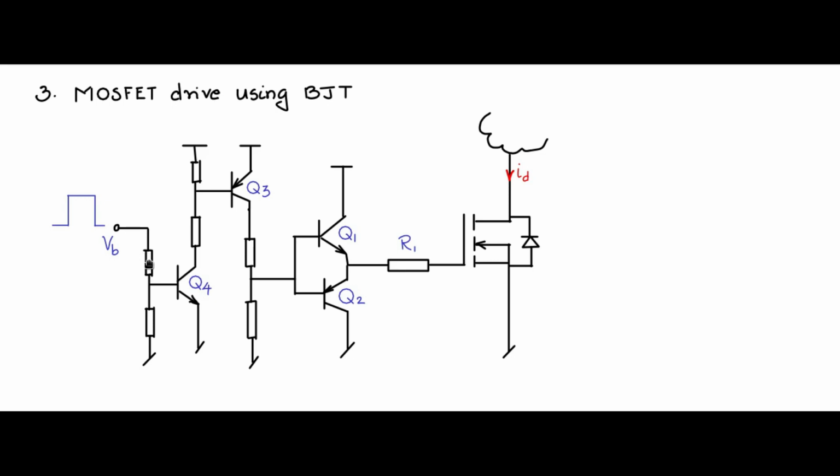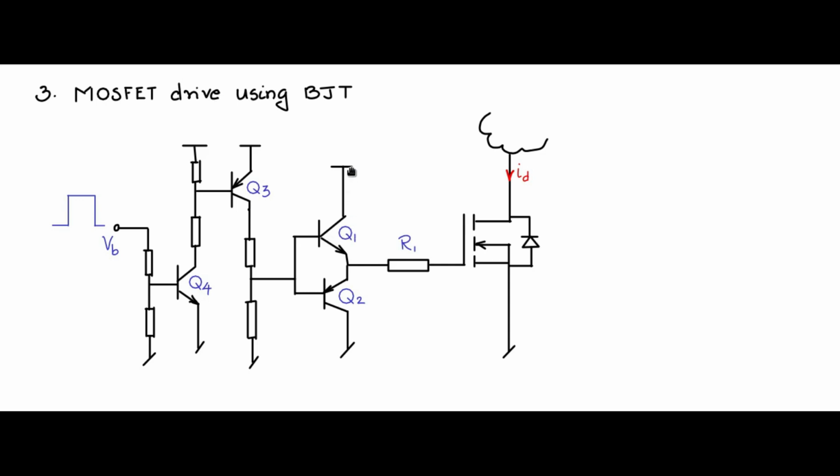Now when VB goes high, there is a drive current flowing through this, 2 times IB on, and IB on flows through this, and IB on into Q4. Q4 is on. When Q4 is on, there is 2 IB on flowing through this resistor corresponding to Q3 base drive. There is an IB on here, there is an IB on here. Q3 is on. When Q3 is on, there is a drive current flowing through this path into Q1, and Q1 is on.